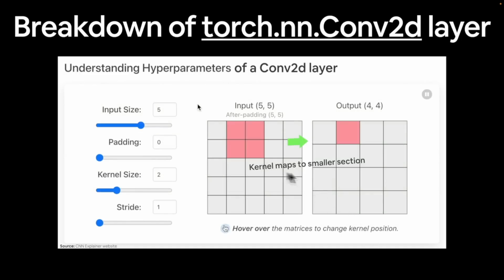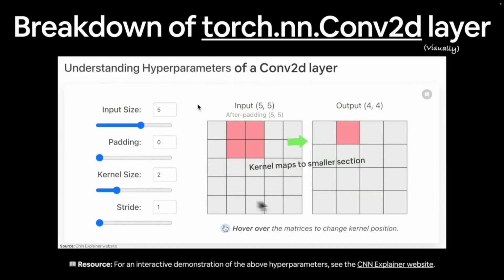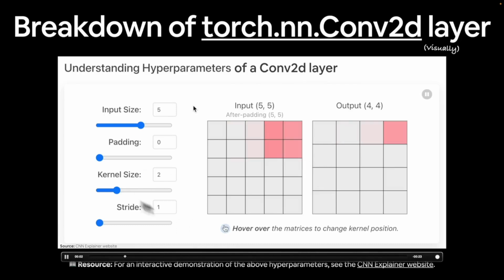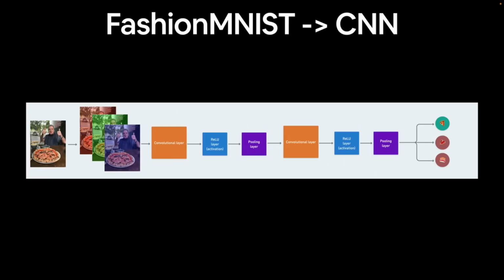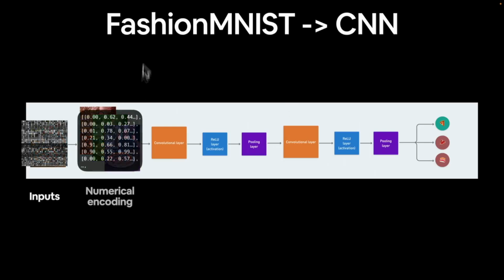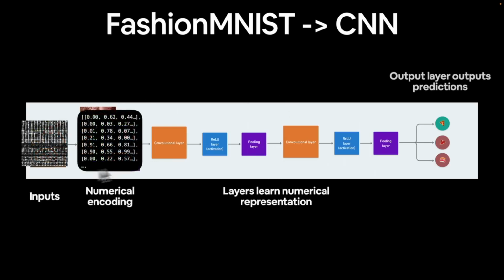Then we have a video animation. We've seen this before though, and plus, I'd rather you go through the CNN Explainer website on your own and explore these different values rather than me just keep talking about it. Here's what we're working towards doing. We have a Fashion MNIST dataset, and we have our inputs. We're going to numerically encode them. We've done that already.